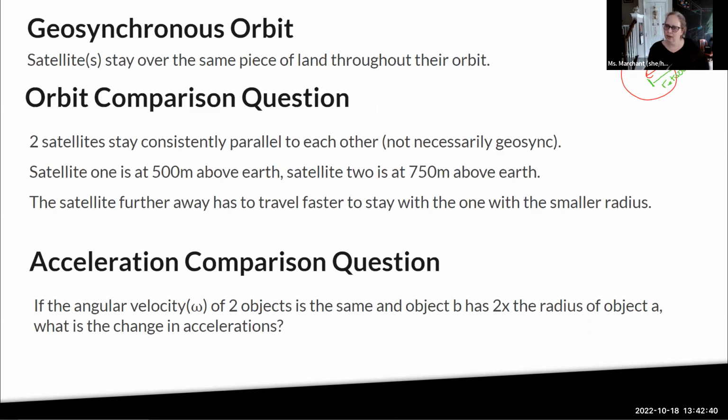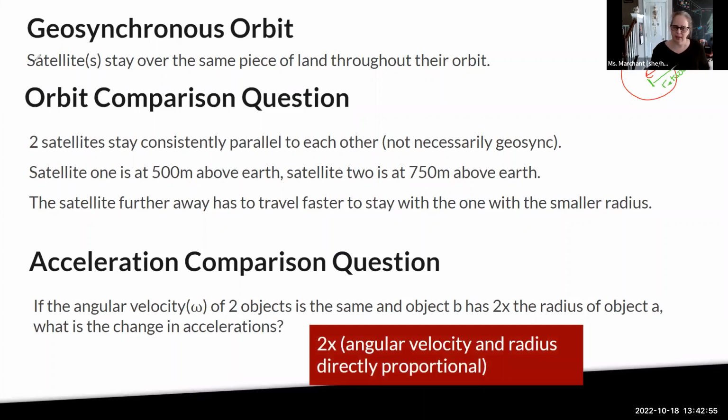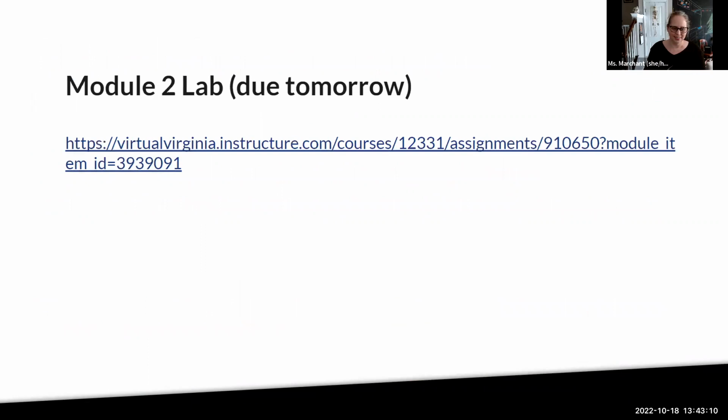So the radiuses are different. We've already talked about the velocity of the larger path. What about the acceleration? These guys are directly proportional. Okay, so 2 times the angular velocity means that you had 2 times the radius. So you can set up a proportion there to compare those items. And there you go with 2.5.